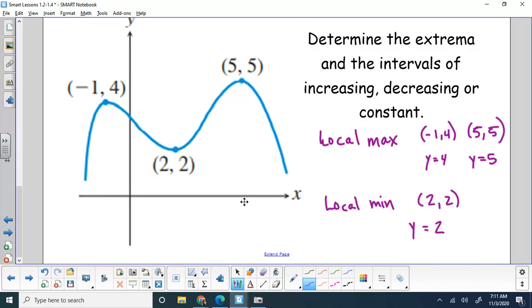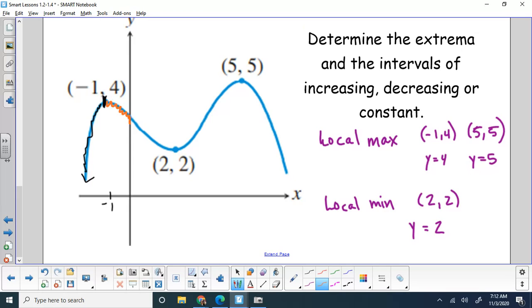All right. Next, it asked us to determine the increasing and decreasing intervals. So I'm going to sketch my graph. We're going up. I always start from the left side. At this x value, which is -1, I am no longer going up. So when I switch to going down, I'm going to change the color of my pen.